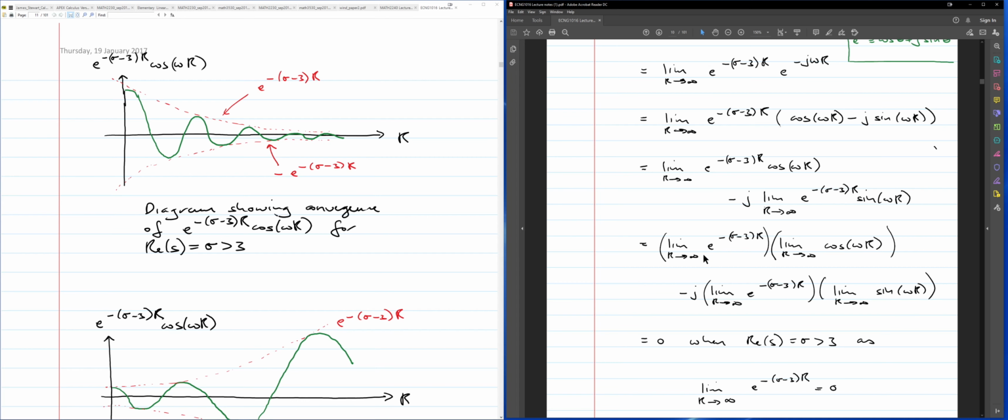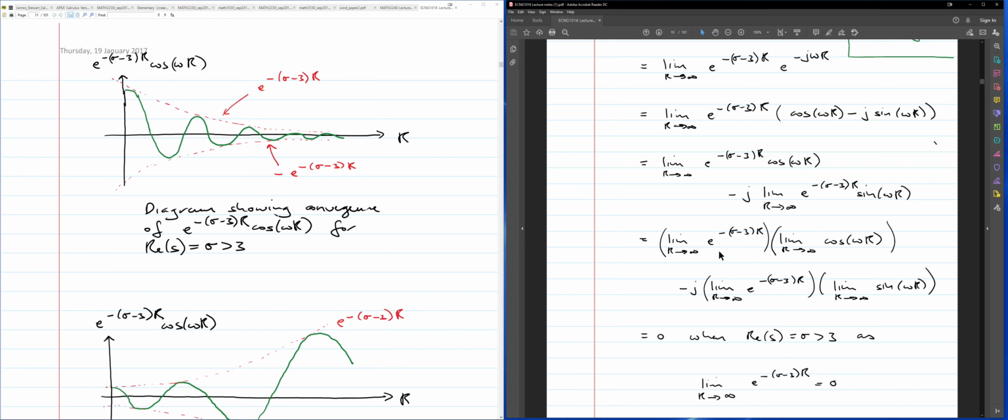So your limit here is going to be 0 when the real part of s, the sigma, is bigger than 3, and likewise this limit is going to be equal to 0 when the sigma is bigger than 3. So I'm going to get 0 over here and 0 over here.